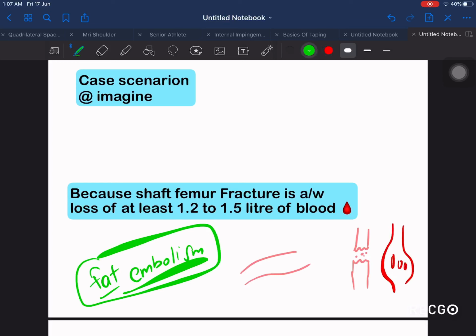These fat globules or marrow globules will ascend up towards the lung, towards the brain.